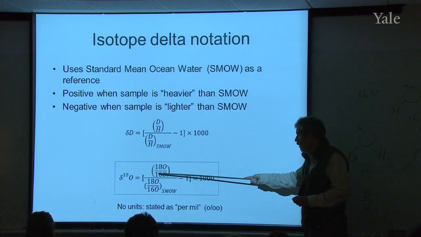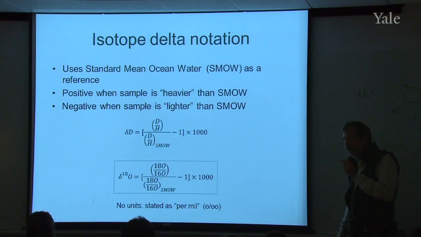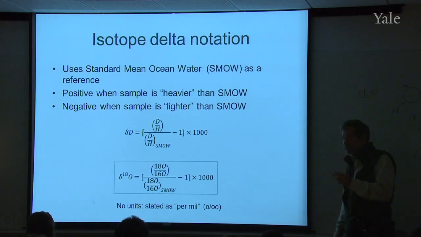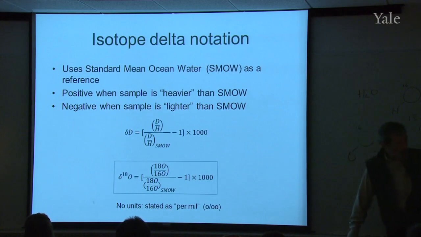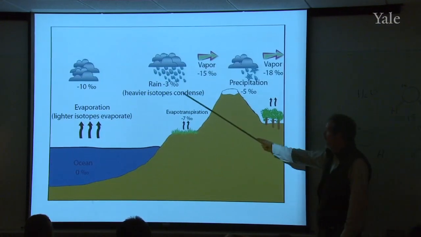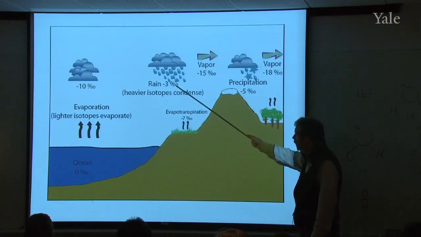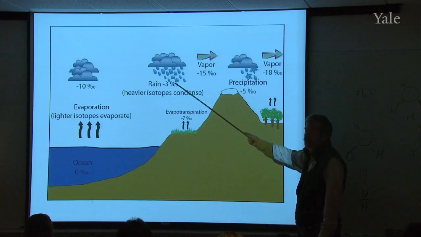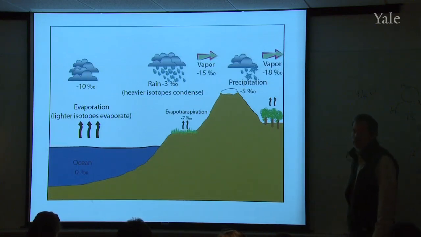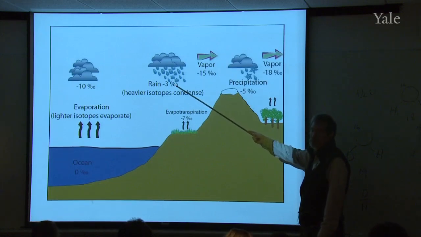Right? So what it's telling me is that that sample is lighter than my ocean reference, my SMOW reference. So all the numbers in this cartoon are delta values, and they're indicated by that little per mil sign there, that per thousand sign. That means not per 100 like a percent, but per 1,000.